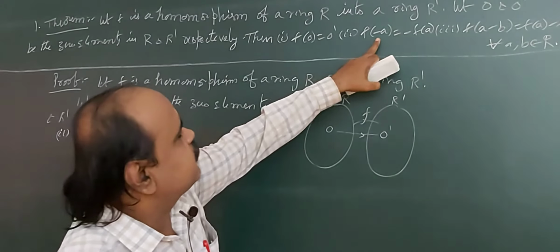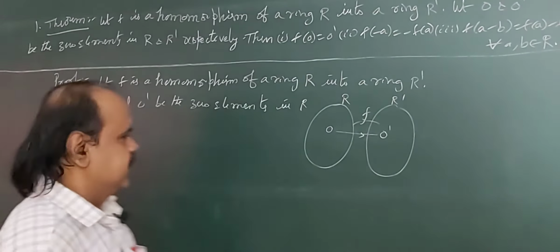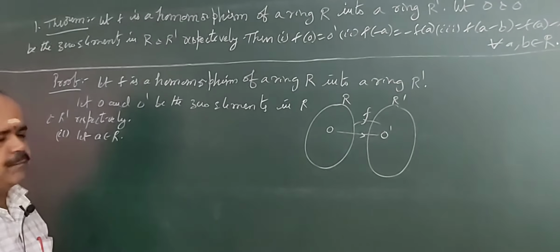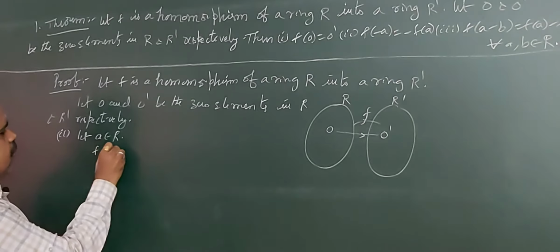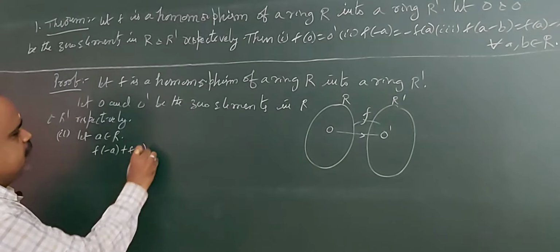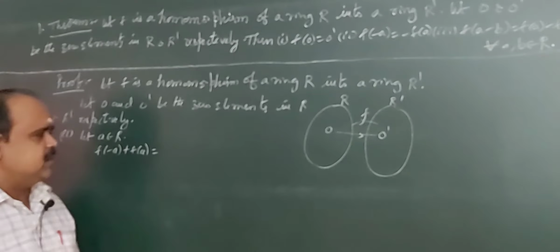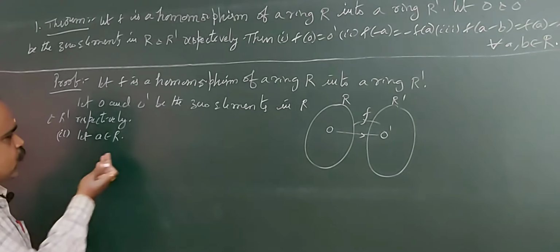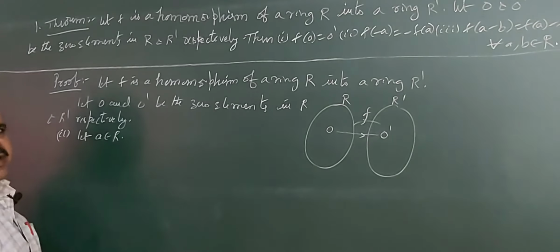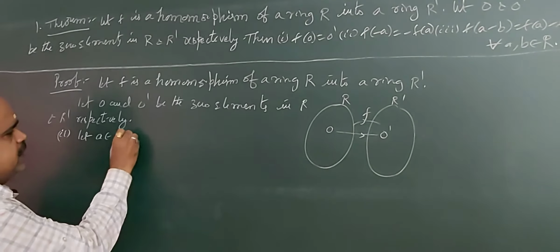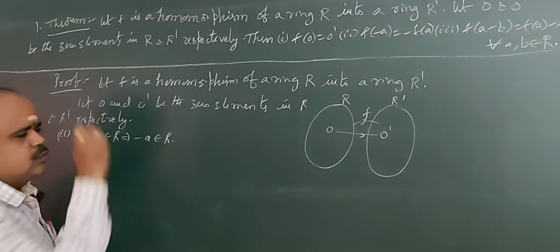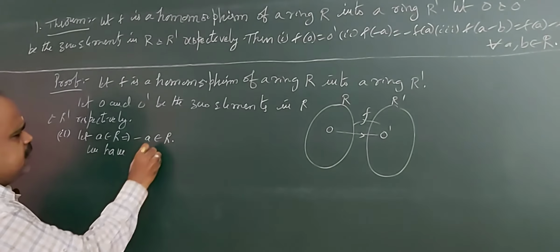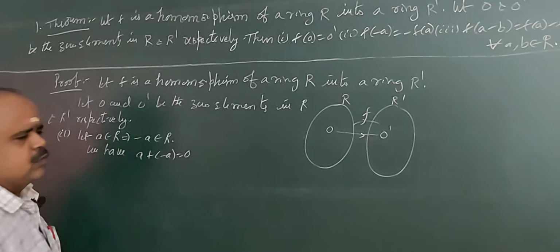Next, the second one: f of minus a equals minus f of a. For that, let small a belong to capital R. Since capital R is a ring, minus a also belongs to capital R. We have a plus minus a equals 0.